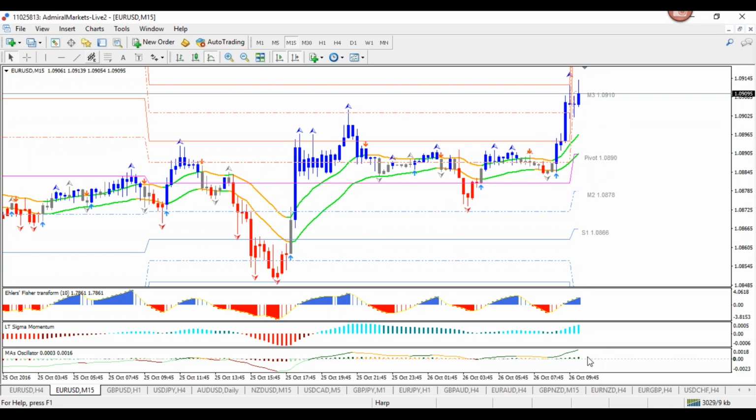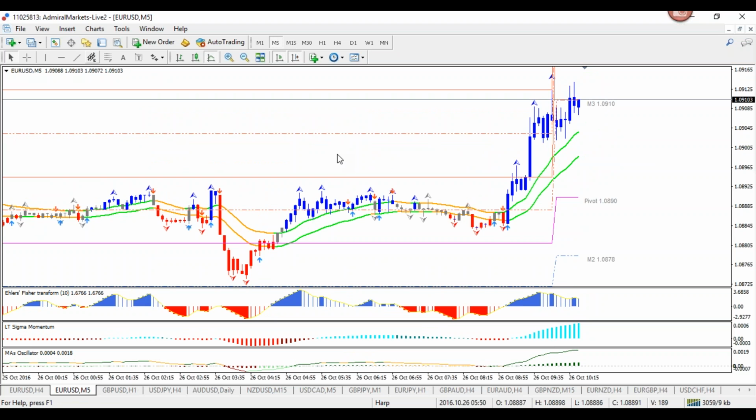On lower time frames, we have momentum to the upside. We got blue, blue, up. That's confluence, and blue here indicating bullish candles. And we have it above the pivot point. We have moving average up. So there seems to be a little doubt on the 15 about what the intraday direction is.